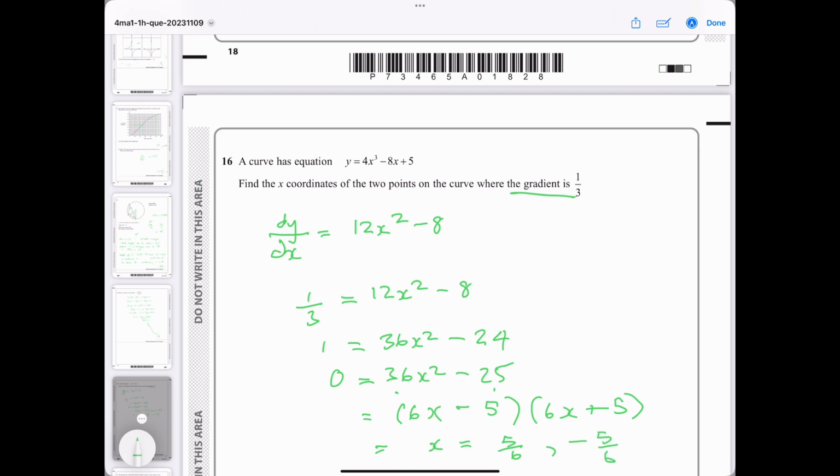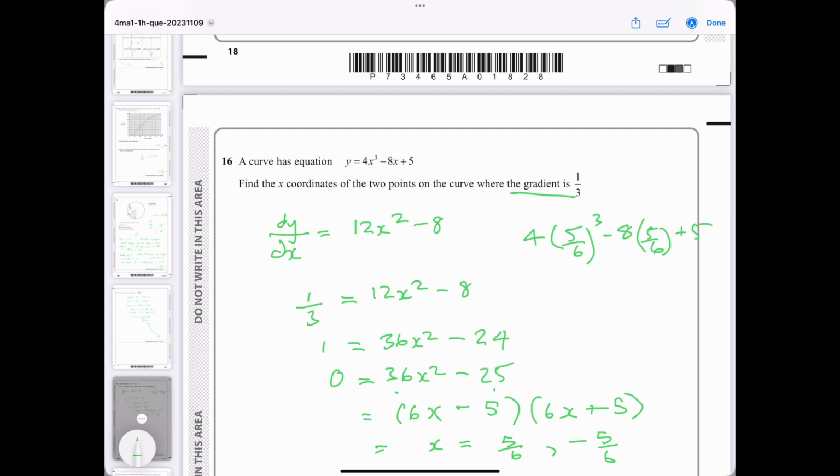And then you have to put those back into there. I don't think I estimated quite how much work I was going to have to do here. 5/6 cubed minus 8 times 5/6 plus 5. Let's have a little look what this works out as.